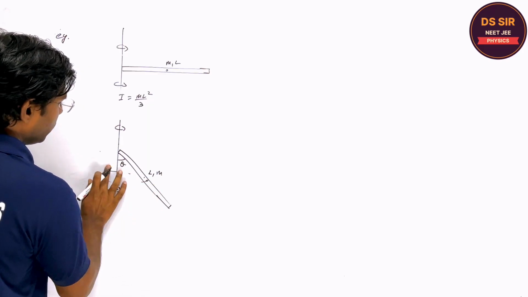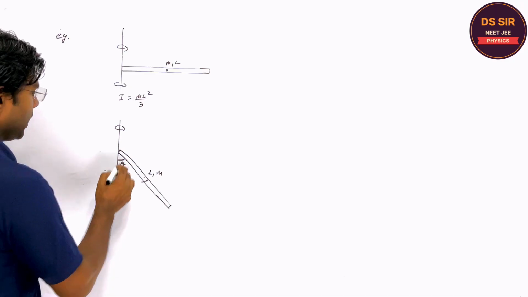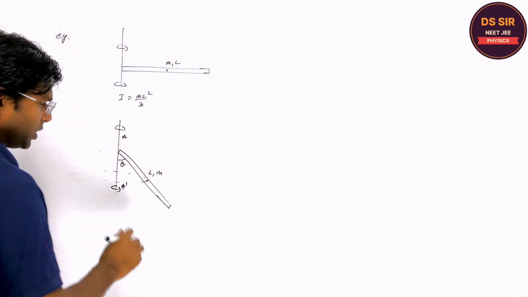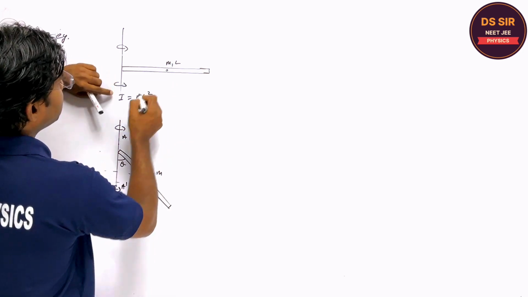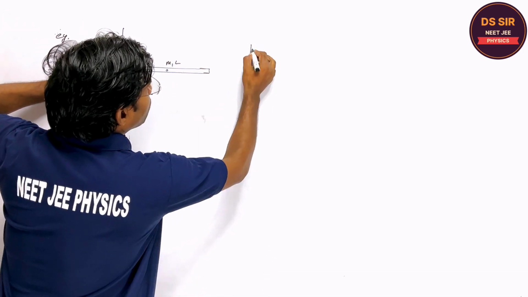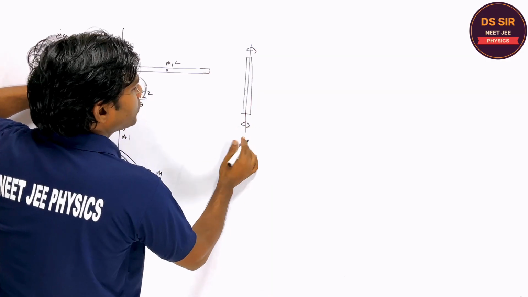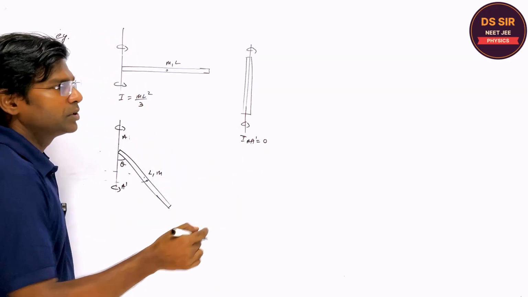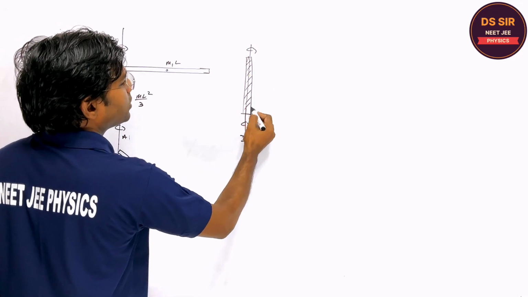So you have to find the moment of inertia of this rod about the axis AA dash, right? How to find? Listen one thing. If this is the ml square by 3, if all the rod is present on the axis, then what is the moment of inertia? You tell. Say 0. Is it clear or not?